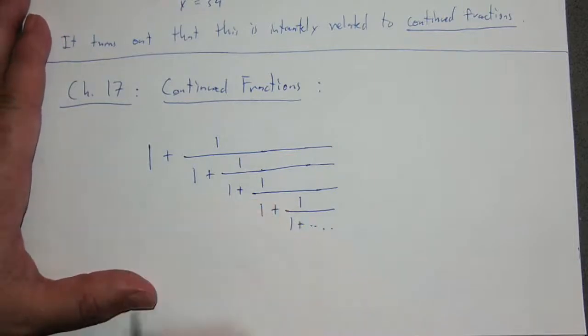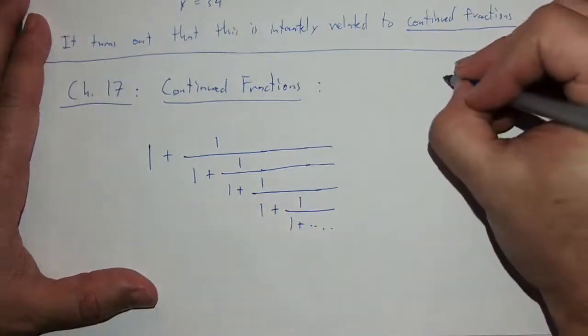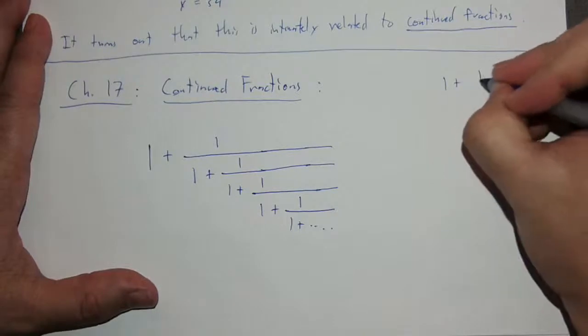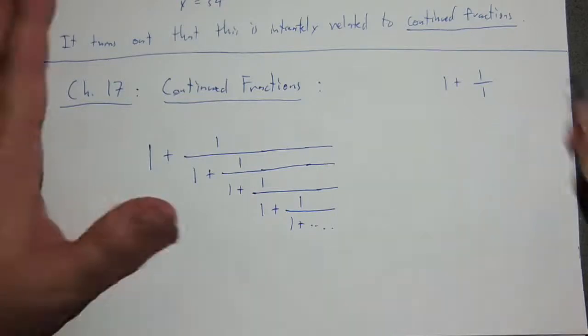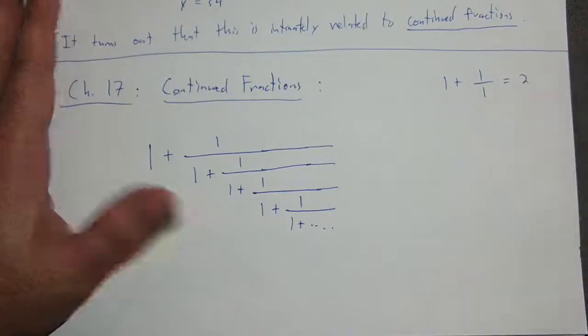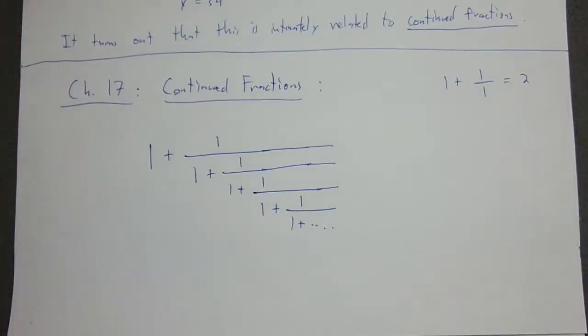If you wanted to approximate this, you might look at a truncation, where you have stopped it at this point. And so this is 2, and you might say this thing is approximately 2. But of course, you stopped it so early in its continued fraction form that this isn't going to be that great of an approximation.